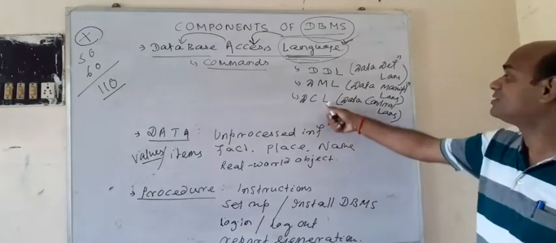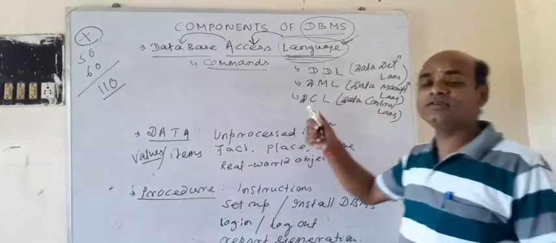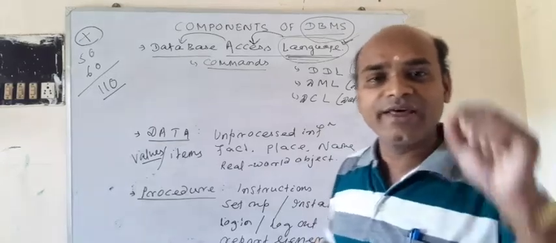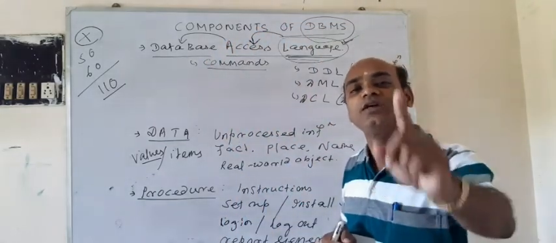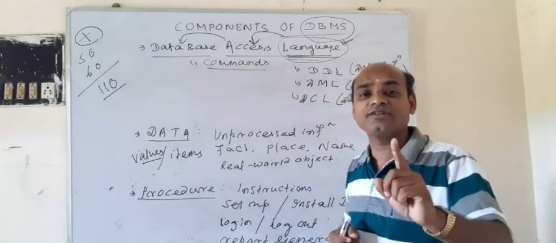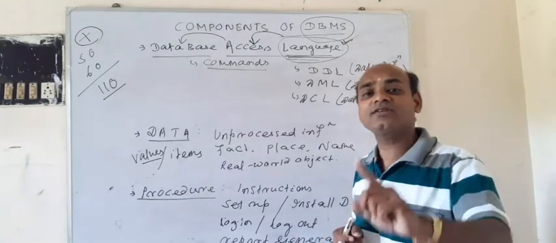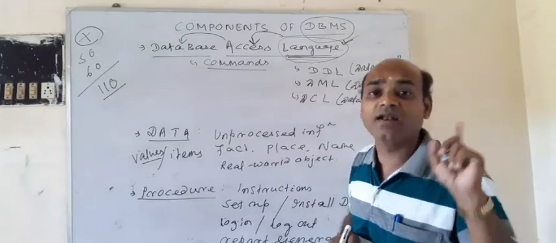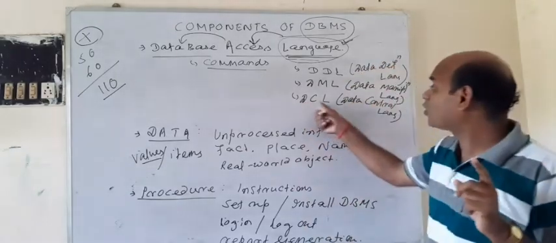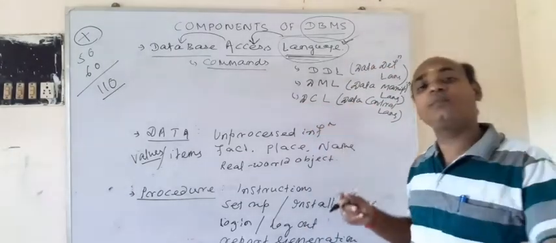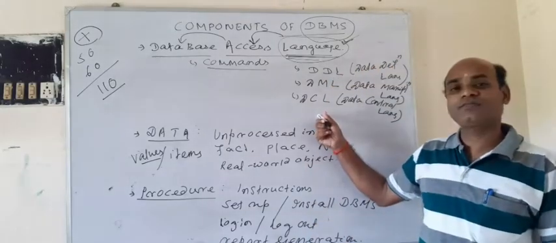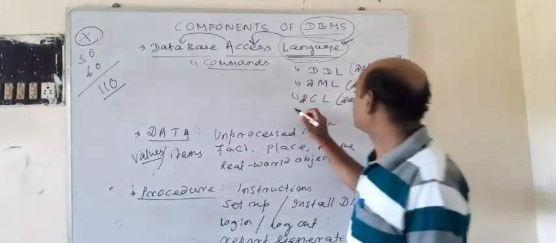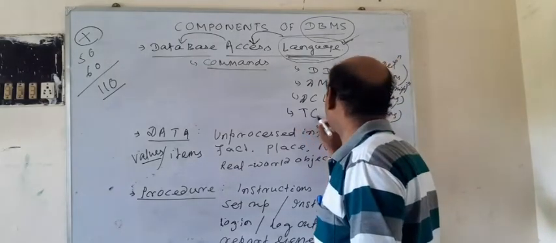So it provides exact information, exact data values, to authorized users only. Authorization and authentication are properly handled. So whenever data is being extracted, it will be controlled by this language. Then there is the transaction control language, TCL.